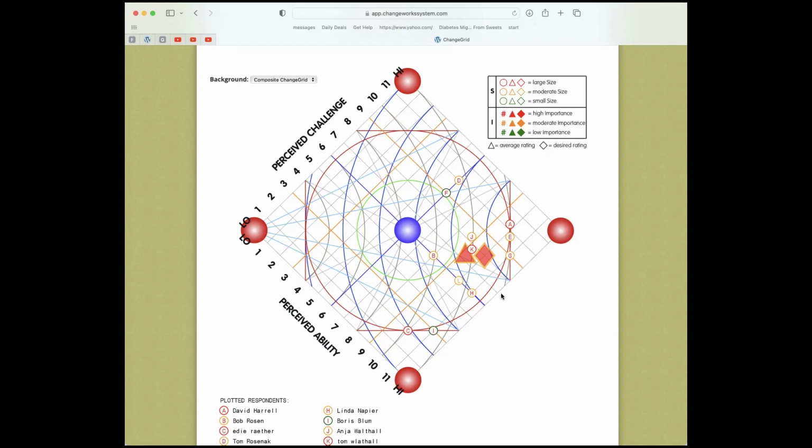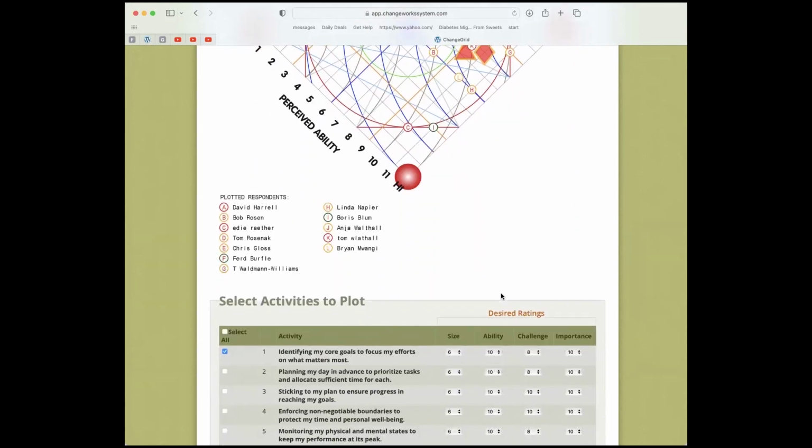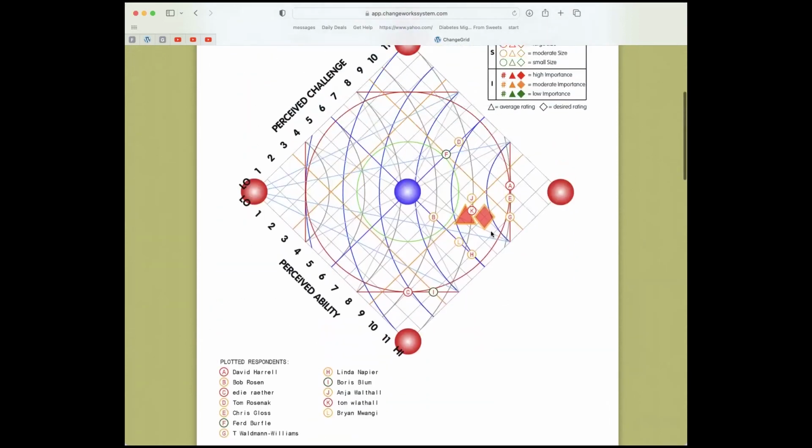But sometimes it's important for us to say, this is an activity that requires some actual thought. We've got to figure something out. There's an analytical element to it. And in the case of identifying my core goals, I hopefully agree that there is an analytical element that is definitely required in order to perform this task well.